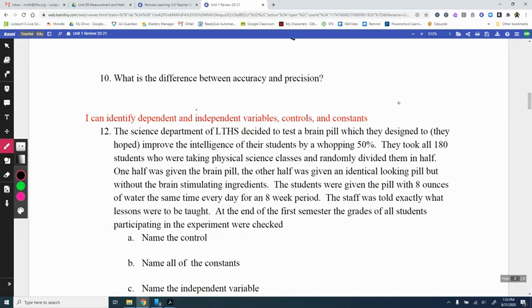Yes, it is, because all of those people made the same measurement. It's repeatable, it's consistent. Now, is that measurement accurate? No, it's not, right? Because the pen was 7 centimeters long. So it wasn't accurate, but it was precise. Remember, precise is consistency. You don't necessarily have to be accurate in order to be precise.